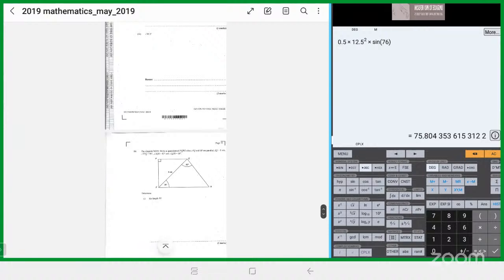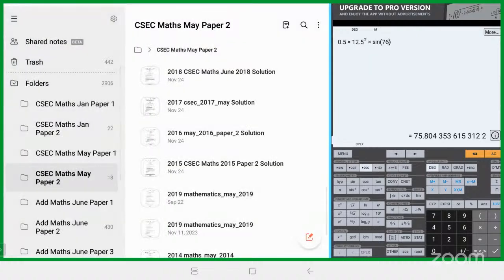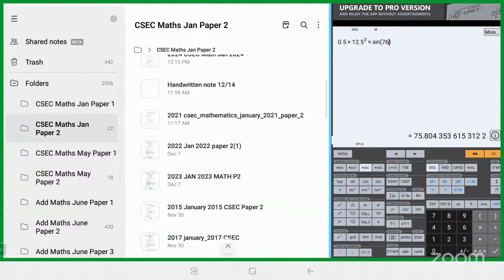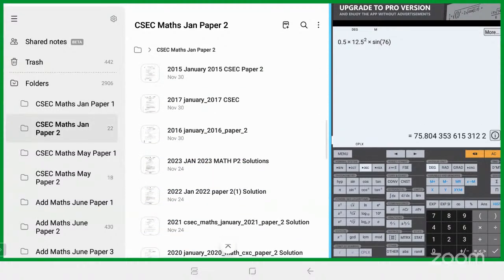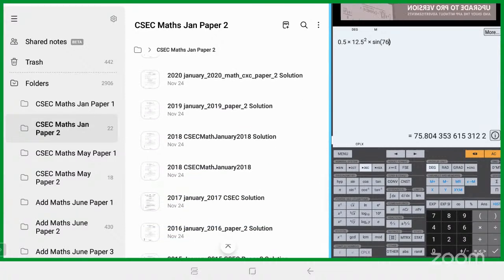Let me look back in the group. Hold on a second. Oh, it's January 2019 I gave you. Sorry, my mistake. January 2019, not the June.